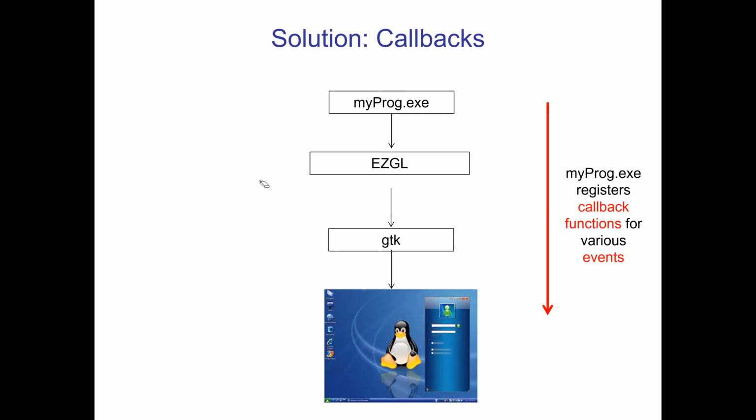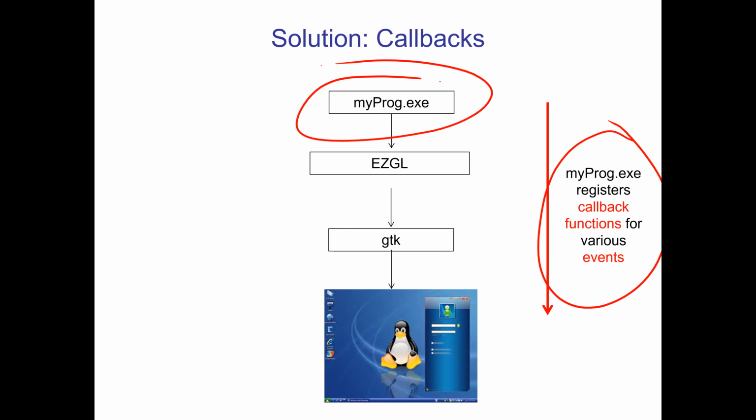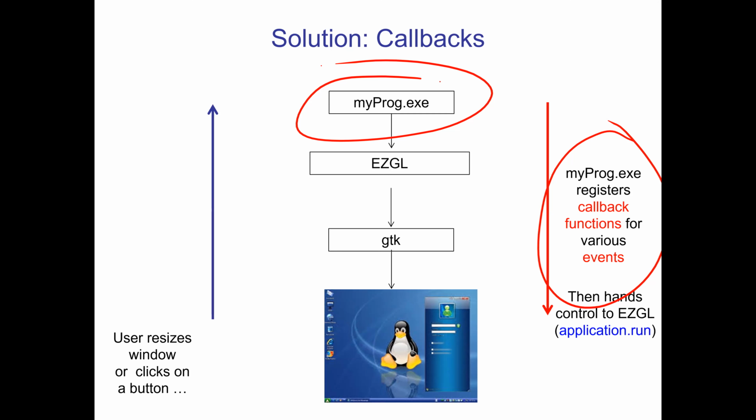So when you're setting up the graphics, your program, the thing that you write, registers callback functions. So it basically tells EasyGL, if this happens, call this function, okay? And then it hands off control to EasyGL. That's done with the most important class in EasyGL, called the application class.